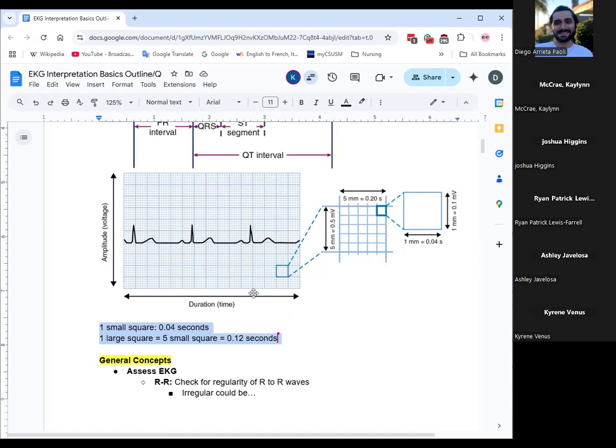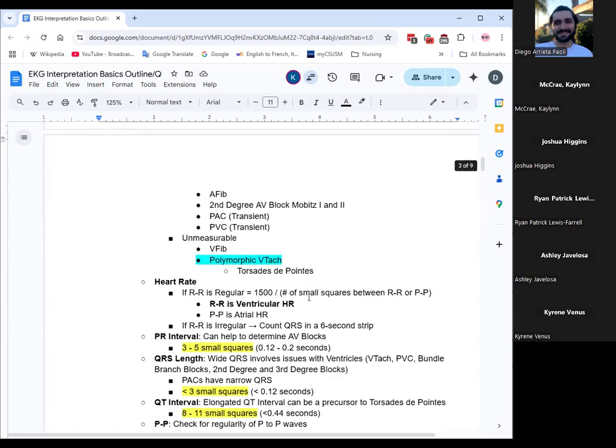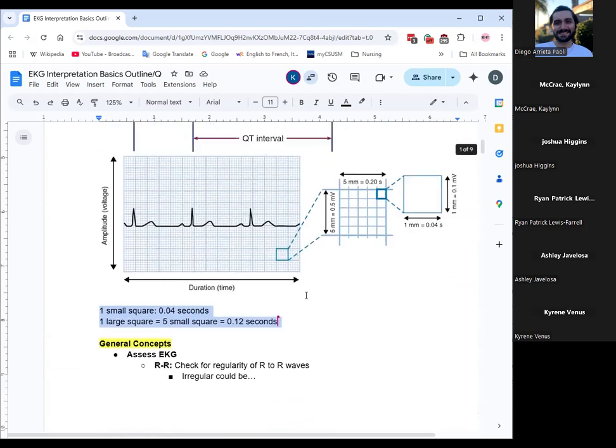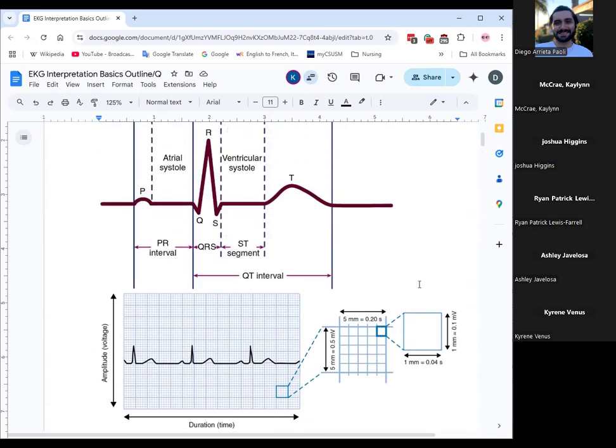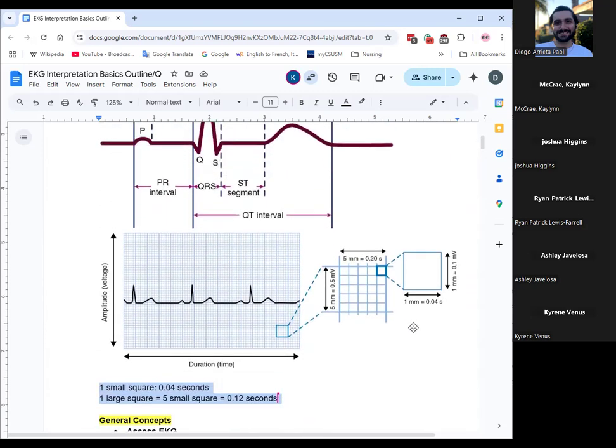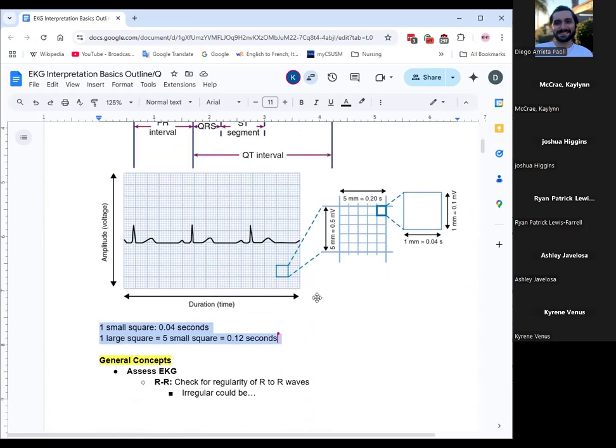So when it comes to what's a normal PR interval, what's a normal QT interval, what's a normal QRS, I just go off the small squares. And then you can also use the small squares to determine heart rate if the ventricular rate is regular, through the small box method that we'll go over in a little bit.